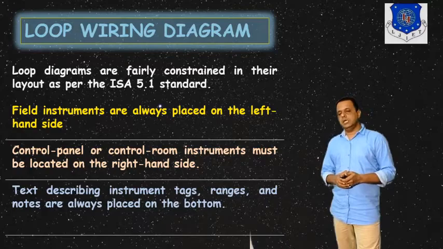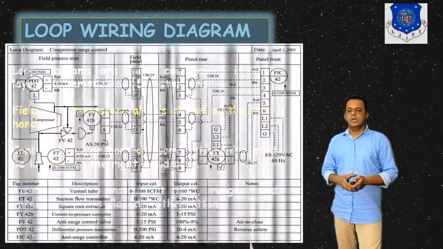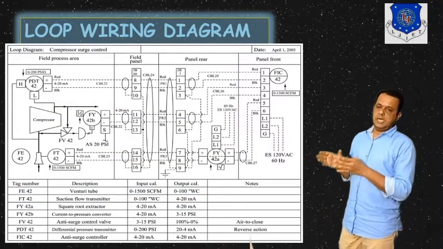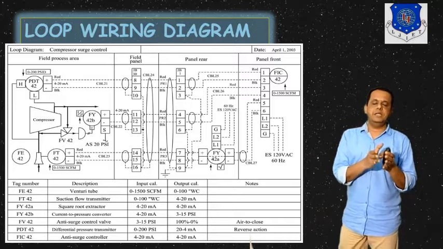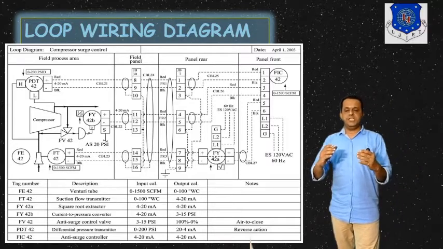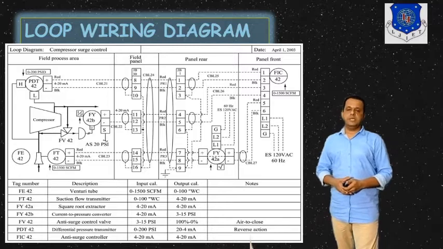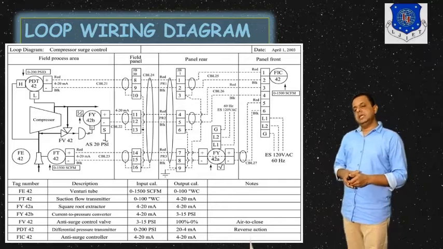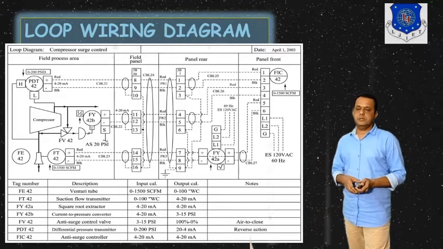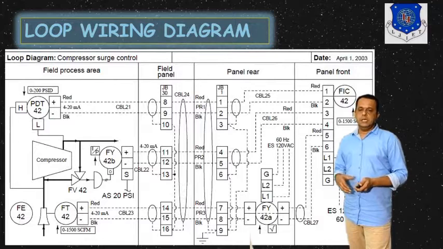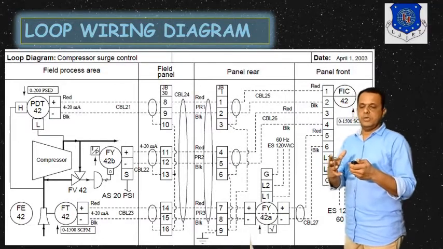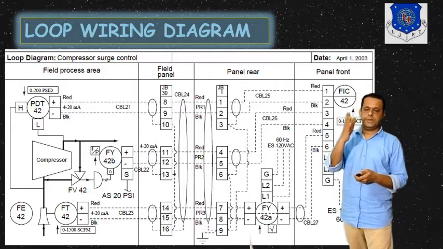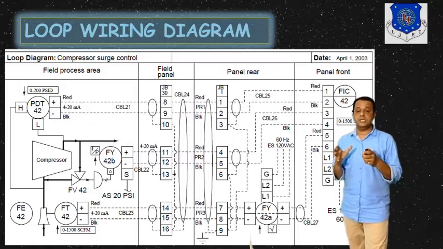I will show you one example of this diagram here. See this. Field process area, field panel, panel and panel front, and the tags and all specifications are placed at the bottom of this loop wiring diagram, where all these dotted lines show the copper connections. In the further enlarged one, you observe a certain downward arrow, somewhere an upward arrow, and some TDT42, FIC42, FT42, all these nomenclatures.